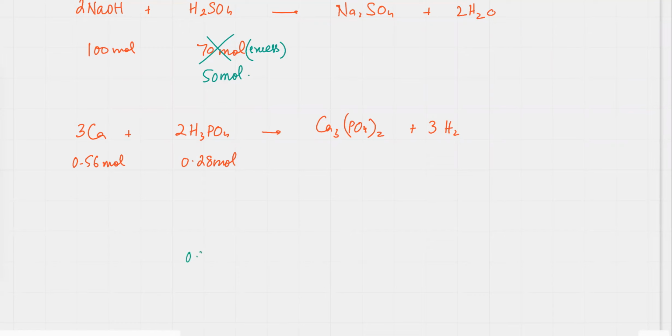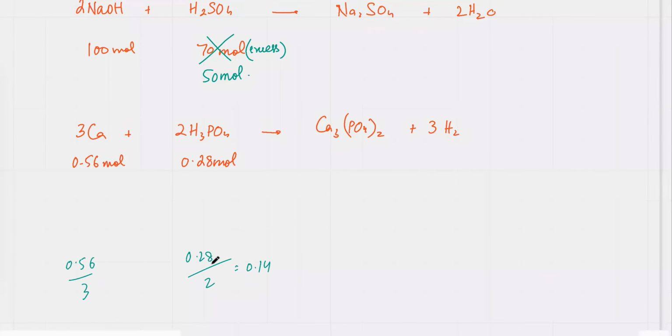Take 0.28. Remember, these calculations are meaningless; it's just a trick. Take 0.28 and divide it by its ratio, 2. Take 0.56 and divide it by its ratio, 3. Tell me which of the two numbers is bigger. This one or this one? I think you get 0.14 for this.